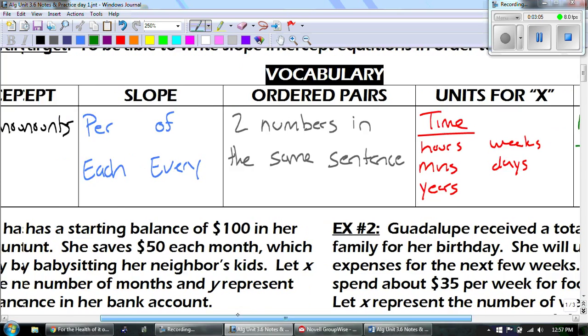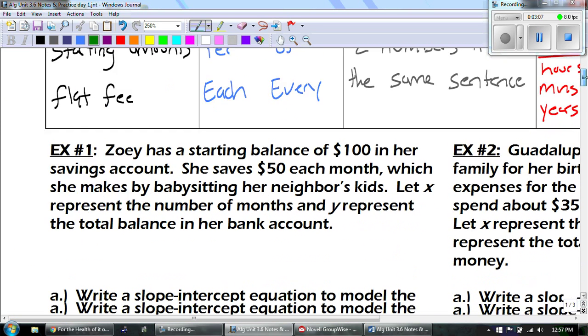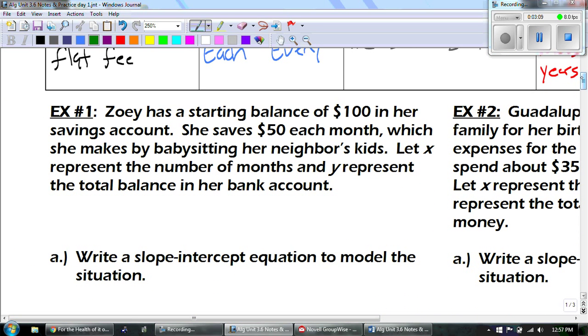All right, let's go ahead and get started. Example number 1: Zoe has a starting balance, that sounds pretty important, starting balance of $100 in her savings account.